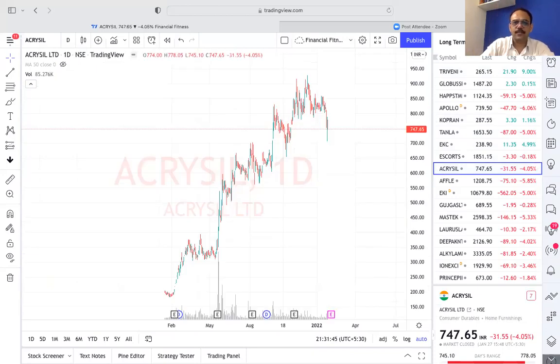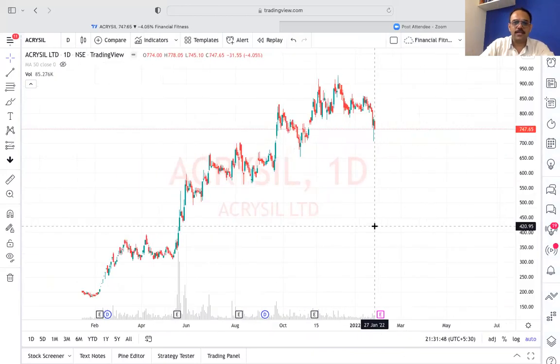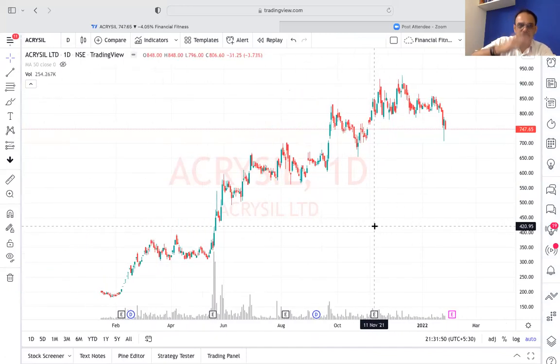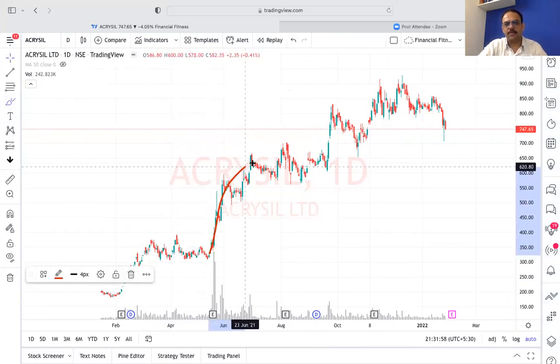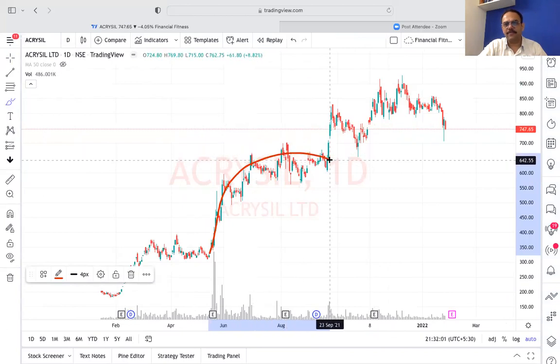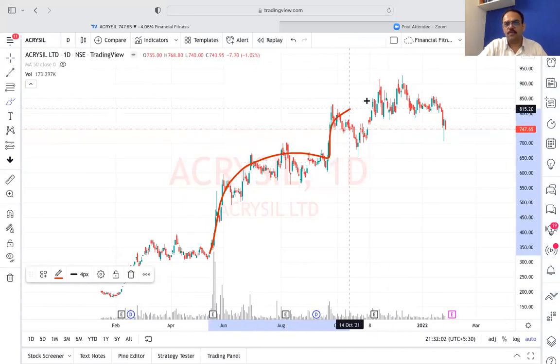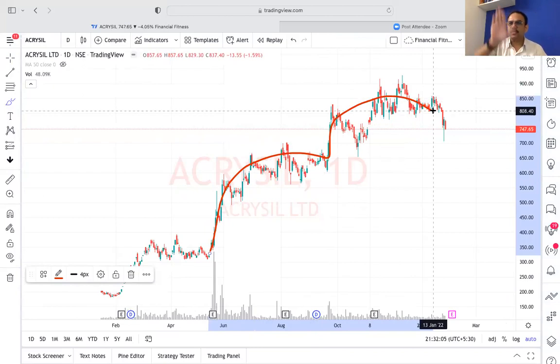Let's see. Now again, if you see in this one, Crystal, it is following the same or a similar pattern. It goes up, remains sideways, again goes up, remains sideways. So it goes up and curves out, goes up and curves out, right?